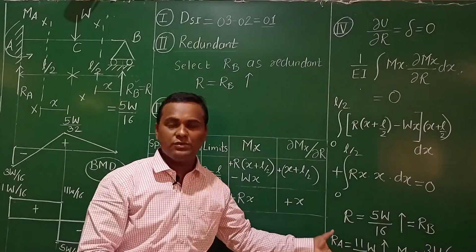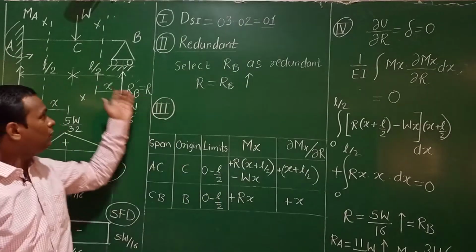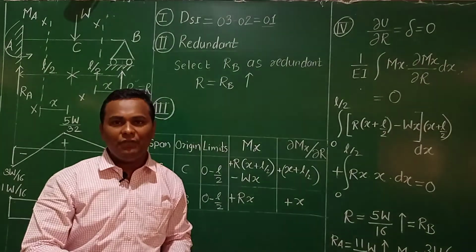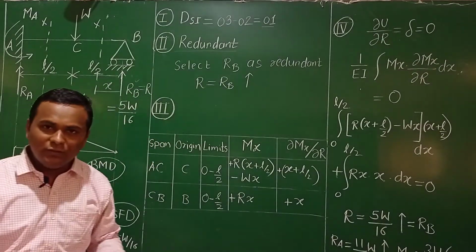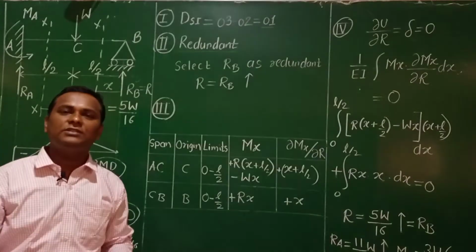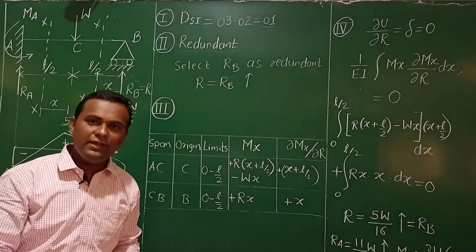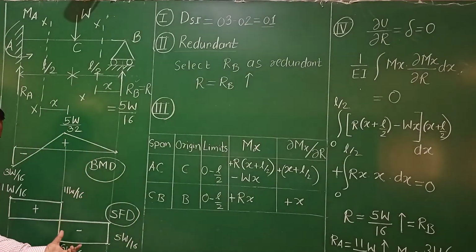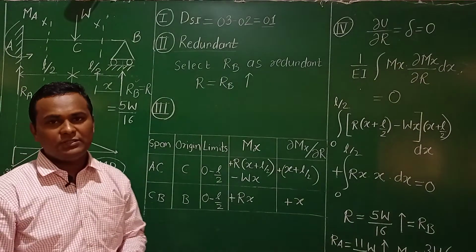Once we find those redundants, we can find the remaining unknowns using conditions of equilibrium, and after getting all the unknown reaction components and support moments, finally we can easily draw the respective bending moment diagram and shear force diagram.